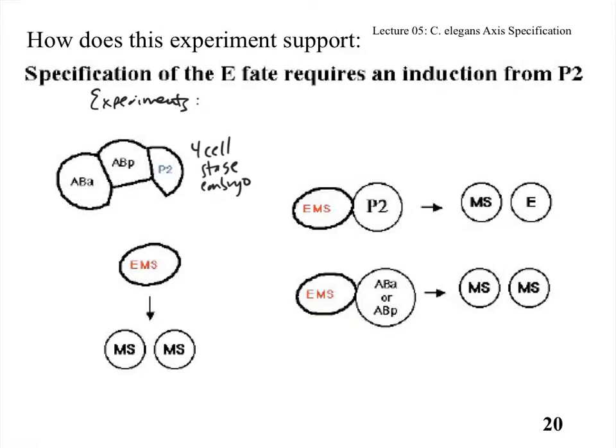The first experiment they did was to dissect out just the EMS cell and leave it by itself to see what it would do on its own, without the rest of these 3 cells next to it. When it's by itself, the EMS cell produces 2 cells that have the MS fate. What that means is that lots of mesoderm is produced, but no endoderm is produced.